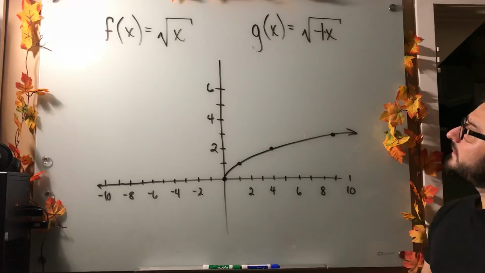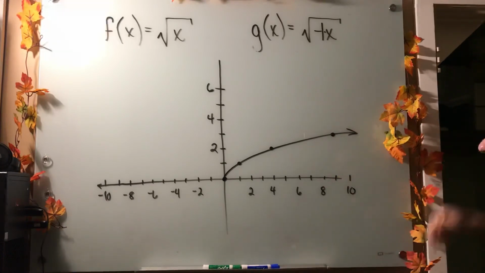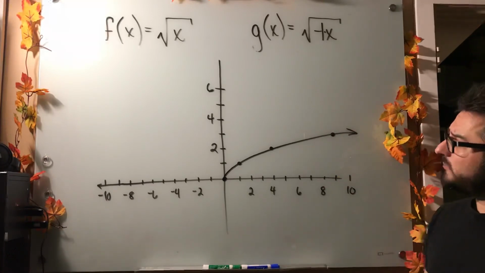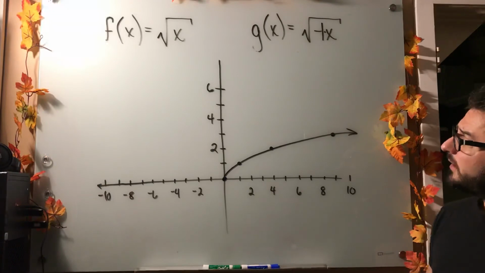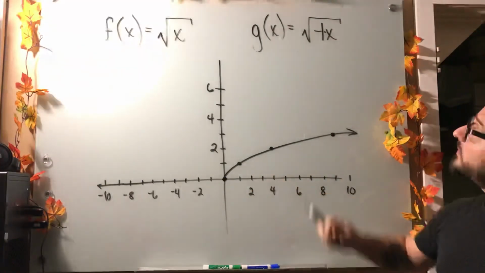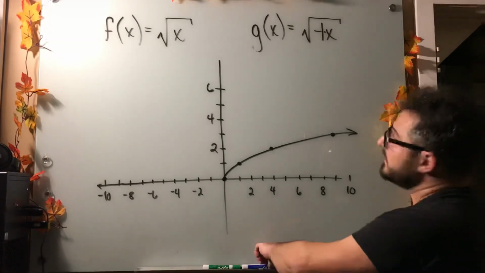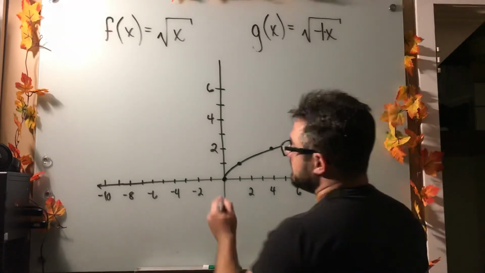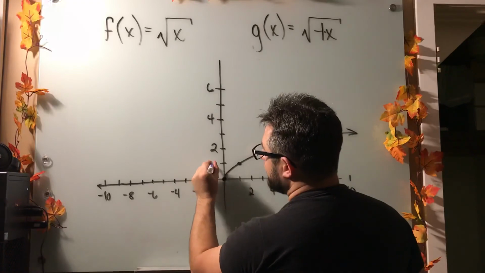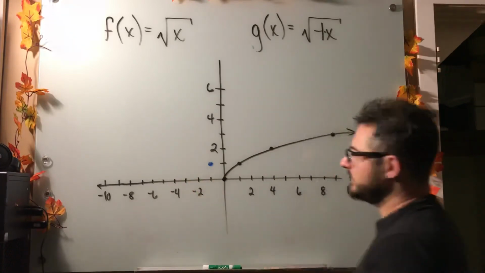Now, again, we don't get as far out as 16, 4, but we did have another point that we worked with, 1, 1. And what we saw was that for the same output value of 1, g of x had an x value of negative 1.